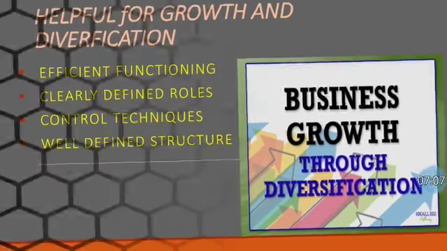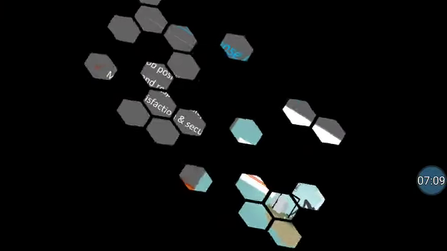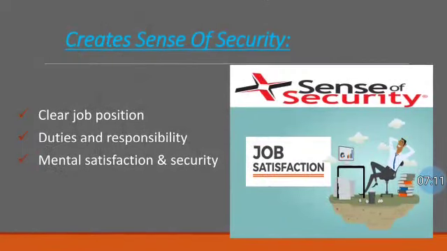Let's move ahead to the next point, creates sense of security. Every organization is responsible to provide clear job positions to their employees. Enough power should be given to them so that they can perform their duties and responsibilities in a favorable manner towards the organization.